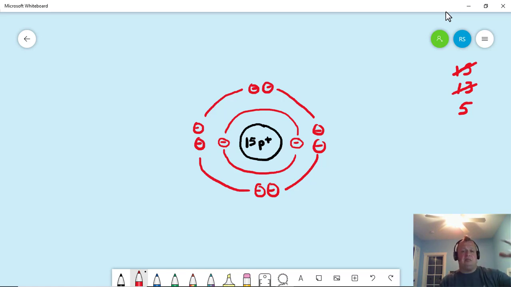5 is not going to completely fill up my next ring. So because I know that, I now care about this outside ring. So I'm going to say, well, I'll put 1 on the right because the first one can go wherever I want. And basically the reason these electrons are not going next to each other is because they don't want to be right next to each other, right? They're negatively charged, they'd rather be away. So I'm going to go all the way on the other side, put an electron over here.